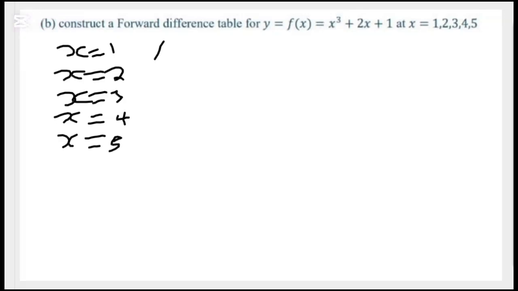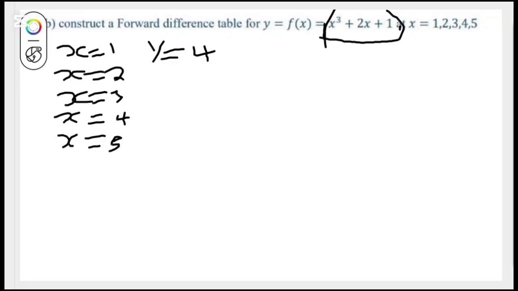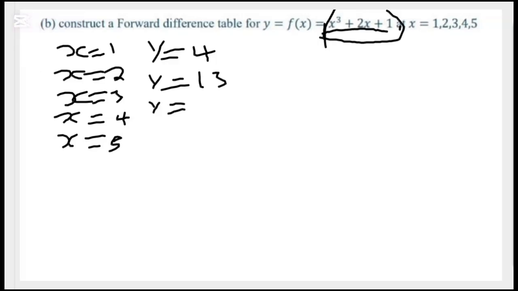It is 5. My y should now be, if I substitute x equal to 1 in this function, what am I going to get? So I'll get 4. And also if I substitute 2 inside this function, I'll get y equal to 13. And also if I substitute 3, I'll get 34.